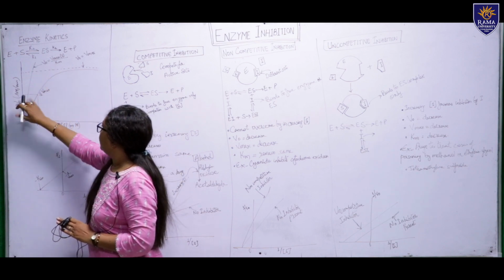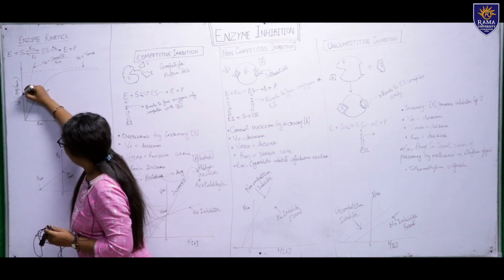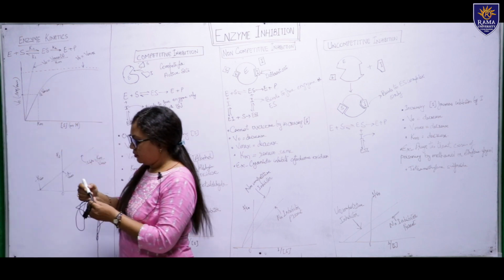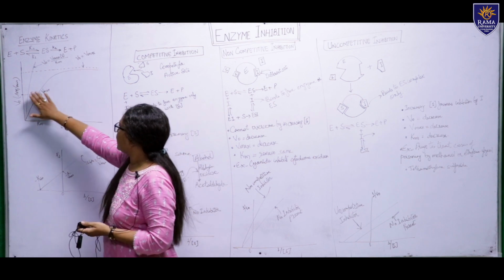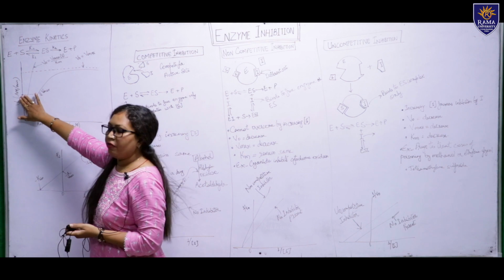Here we can say this is the point where the V max has reached. This is the point where the velocity is at half of V max.